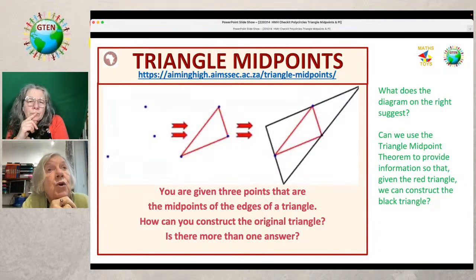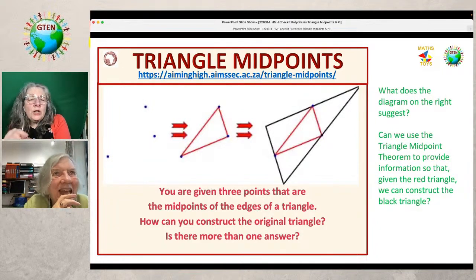The challenge is to find the larger triangle where those 3 points are the midpoints of its edges. They're not the vertices, they are the midpoints of the edges of the larger triangle.